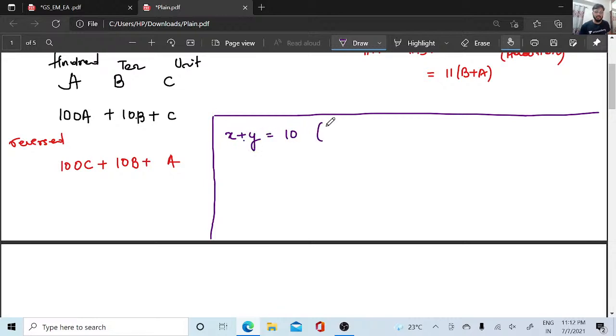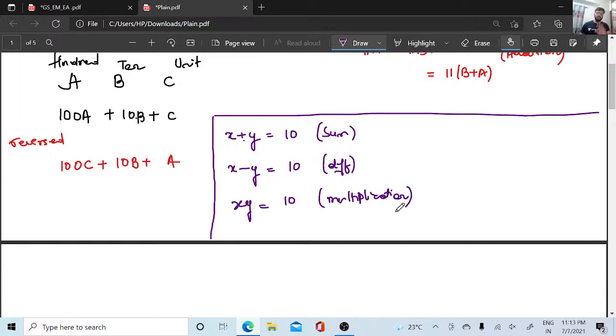When they are asking the difference, x minus y is equal to 10. And the product of two numbers, xy is equal to 10. This will be your multiplication. This is how you guys will be doing it.